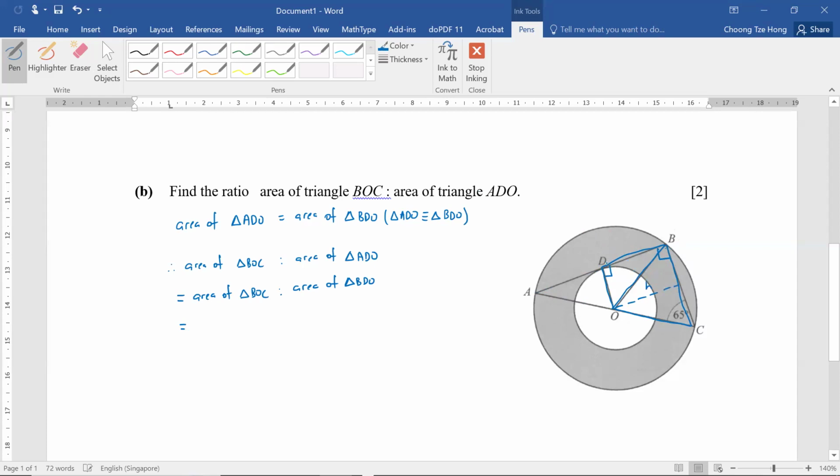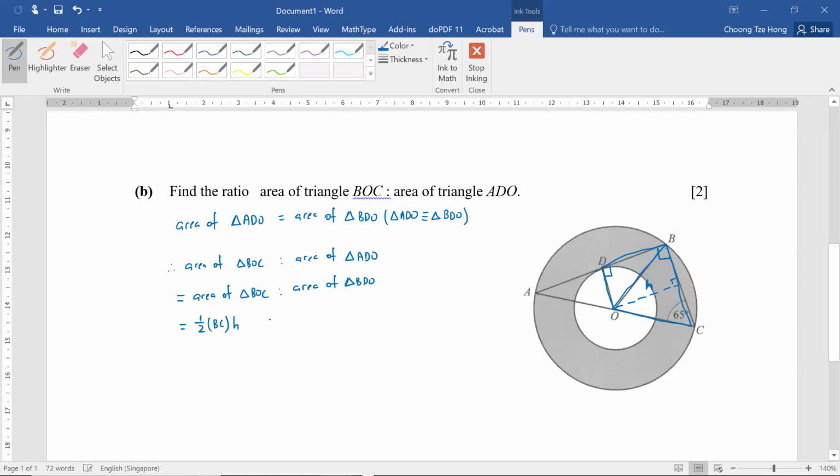If you were to draw a perpendicular line down here, these two triangles now have a common height. Taking the height to be here, the perpendicular height, area of triangle BOC will be half times BC, the base length, times the height.